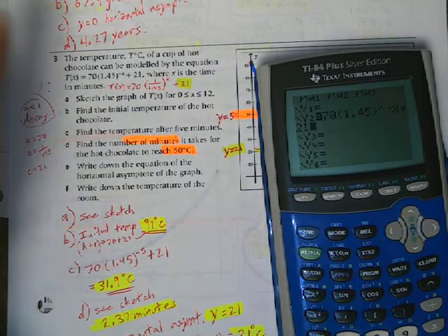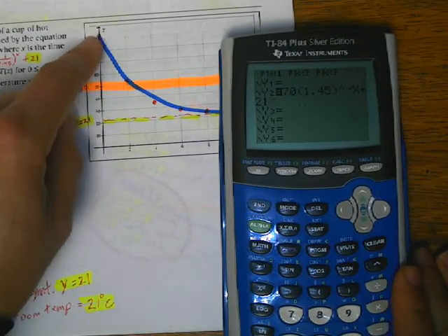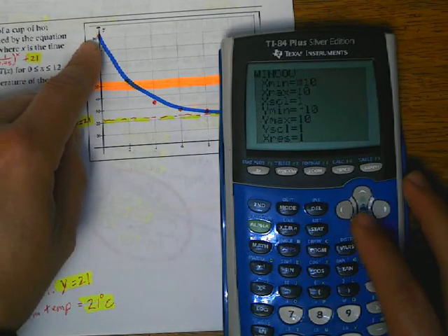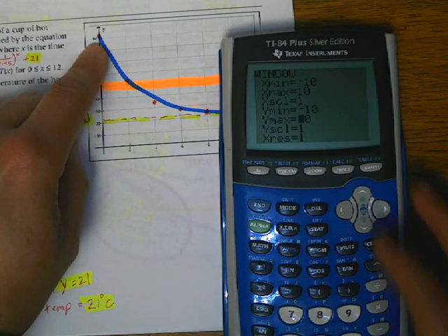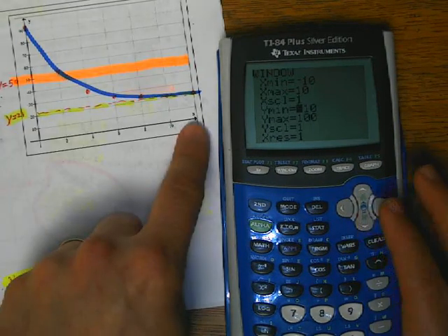Looking at our scale on our graph, in window, our y max is going to be 100 and our x max is going to be 12.